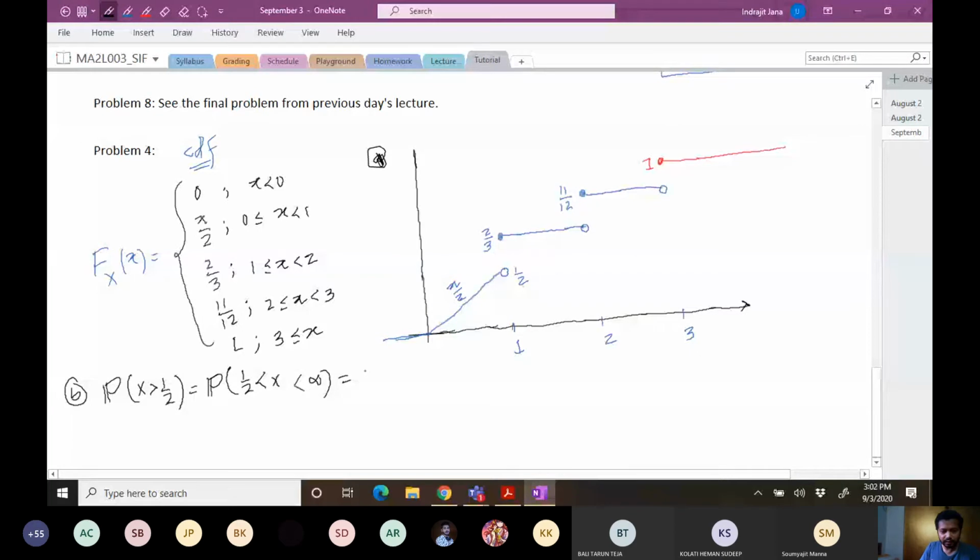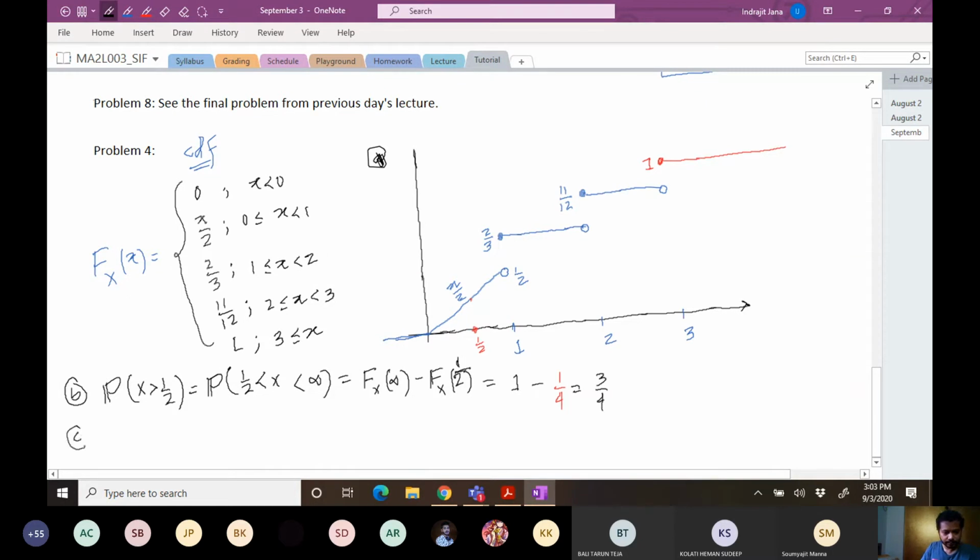Which is the distribution function evaluated at infinity minus the distribution function evaluated at 1/2. So F_X at infinity is 1 minus F_X at 1/2. What is F_X at 1/2? This is going to be 1/4, which gives 3/4. That's the answer for the first part.